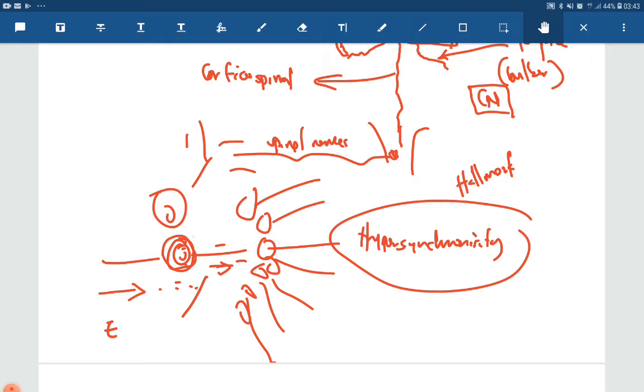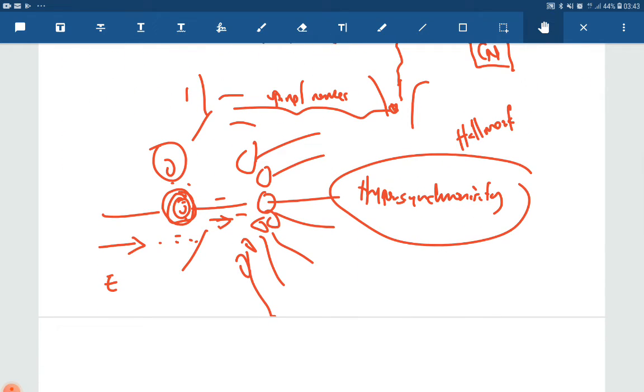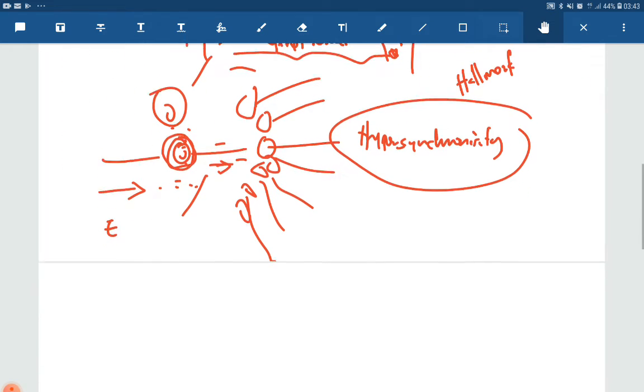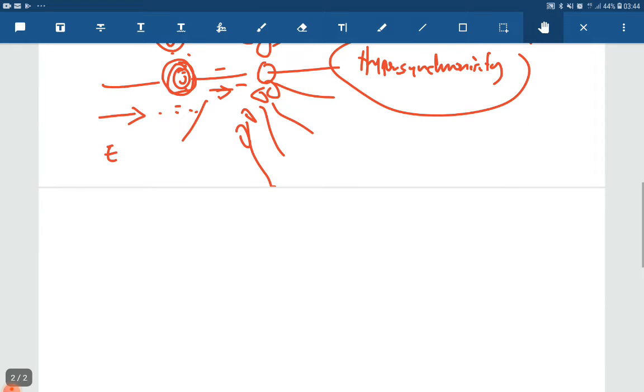All these occur within the cortical neurons, which, like I said, have their cell bodies in the peripheral layer of the cerebrum. So when we talk about seizure, we mean disruption of the brain due to hypersynchronicity and also excessive discharge from cortical neurons. That defines seizure.